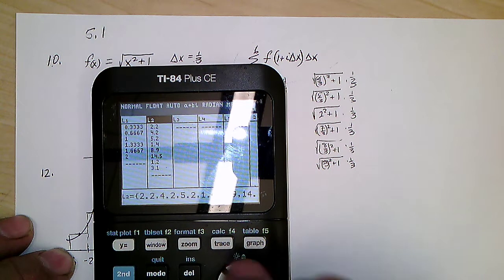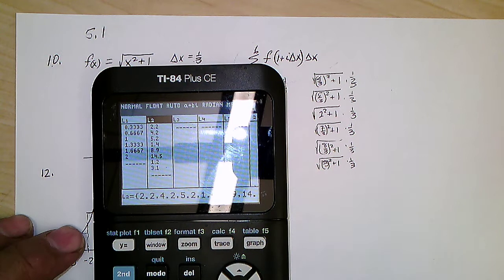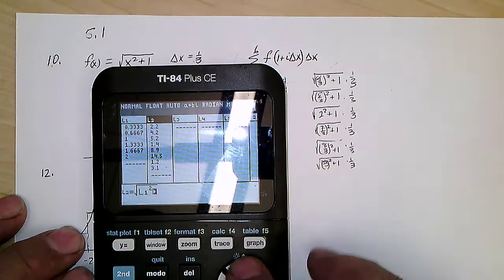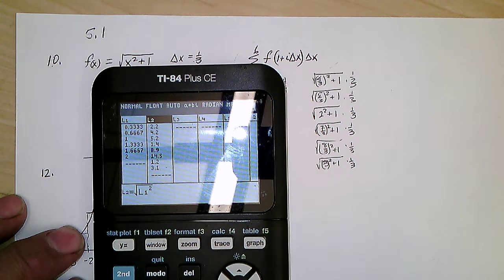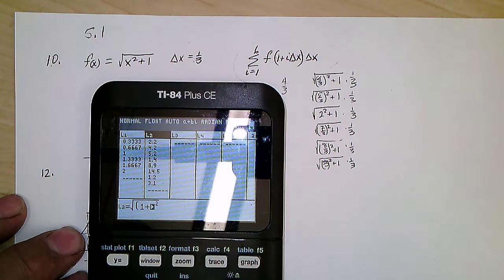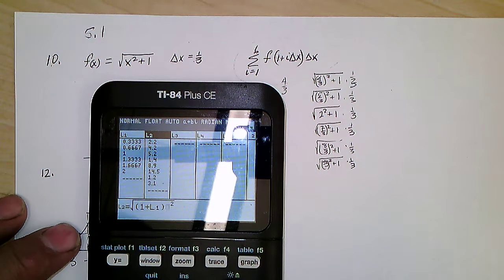Okay, and then in list 2, I can tell it to take the square root of the numbers in list 1 squared. Oh, I have to add 1 to them. Go back here. Parentheses 1 plus the numbers in list 1, because it said 1 plus each of those, and list 1, close parentheses, squared, and then plus 1 outside of that.